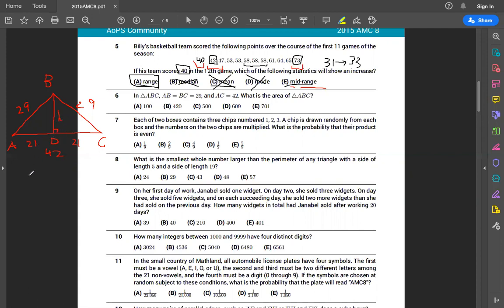So what we have to do now is use the Pythagorean theorem on either triangle ADB or CDB. It doesn't really matter since these two triangles are the same. We know that 29 is the hypotenuse because it's across from the right angle. So we do 21 squared plus h squared equals 29 squared.